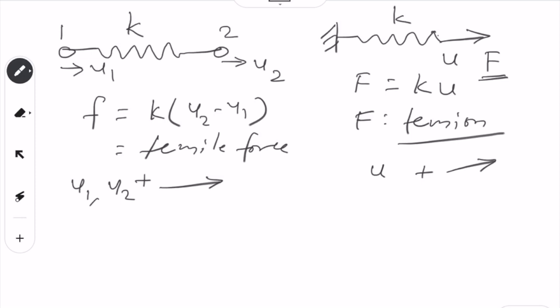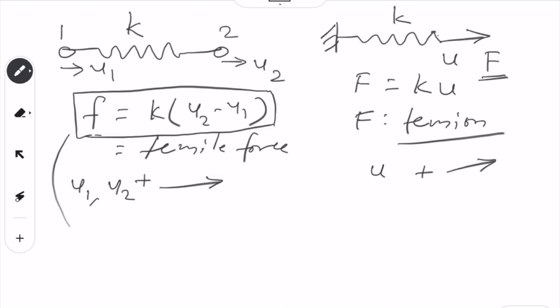When you say F equal to k times (u2 minus u1), we can write this equation in matrix form. How will we write it?